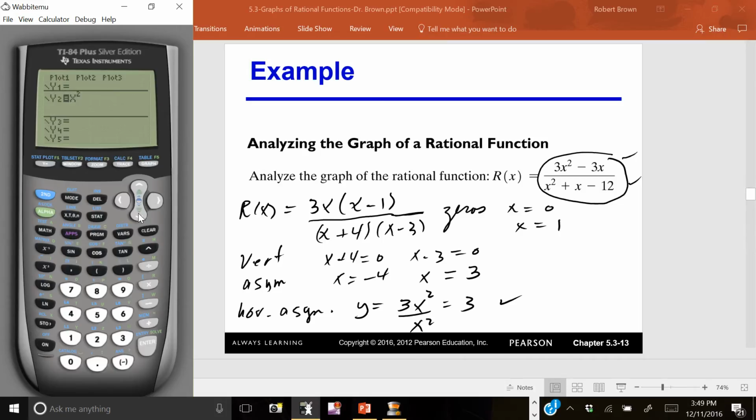We're going to put in y2 equals 3, which will be the horizontal asymptote. And then in y1, we'll put the main equation, which is 3x squared minus 3x divided by x squared plus x minus 12.